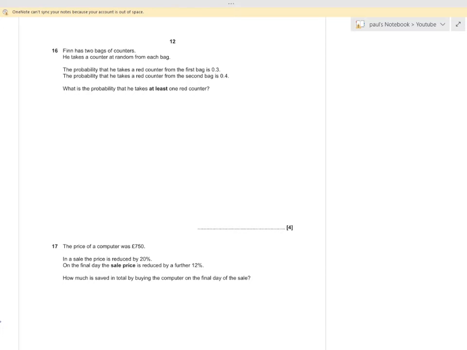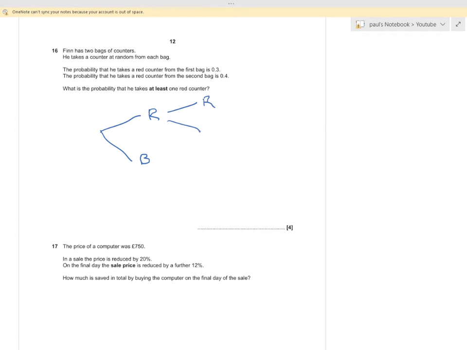Ooh. At least one red counter. So, let's have a look. What are we going to do? How are we going to get this? So let's do red, black, or red.